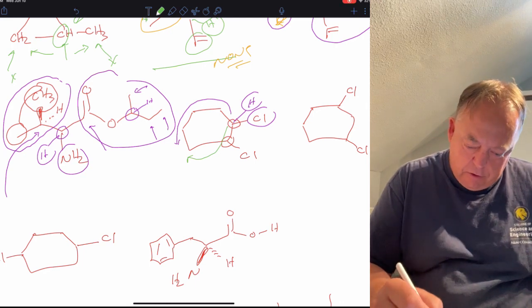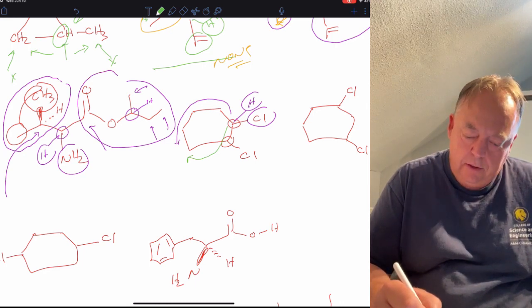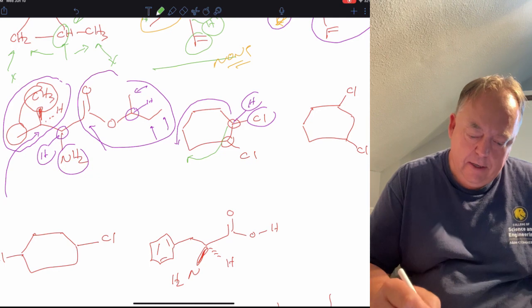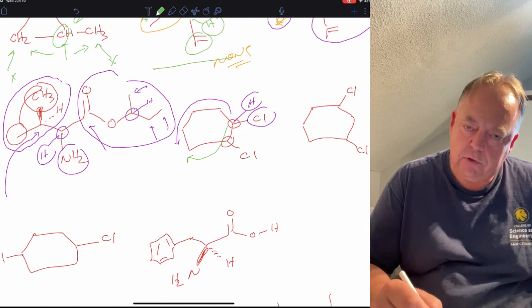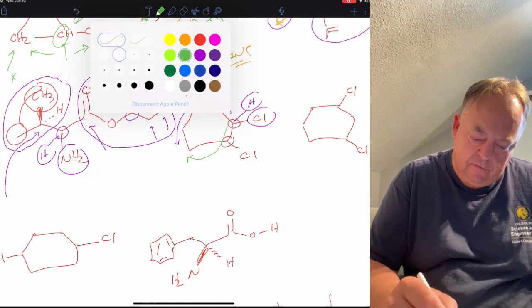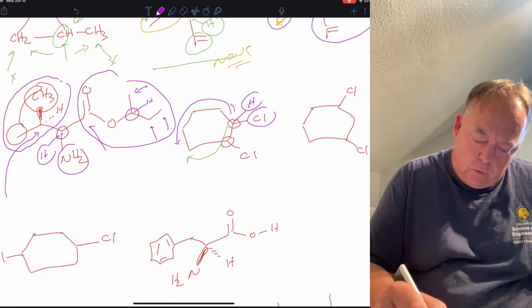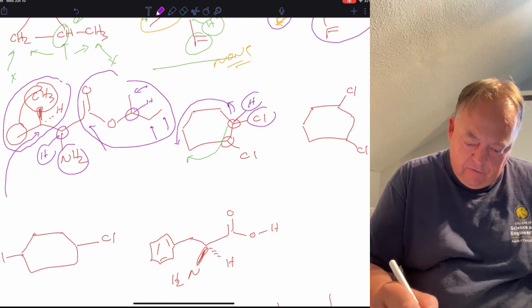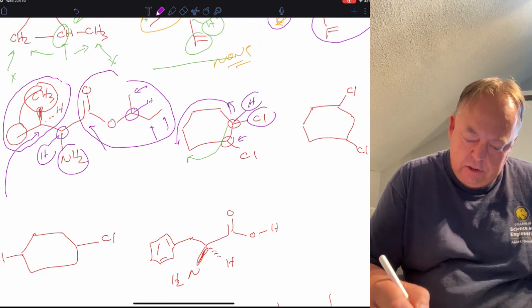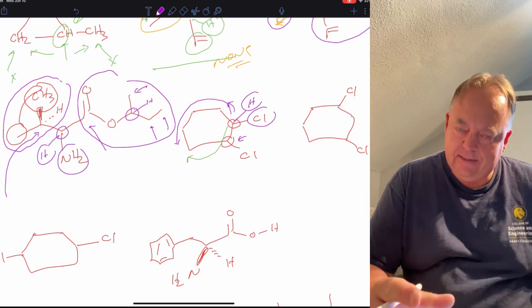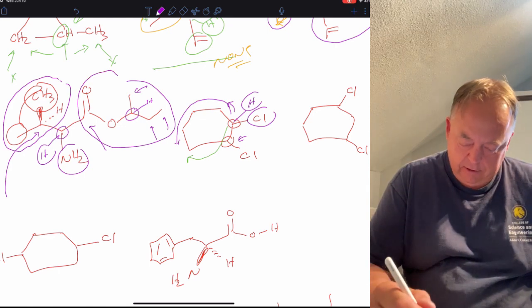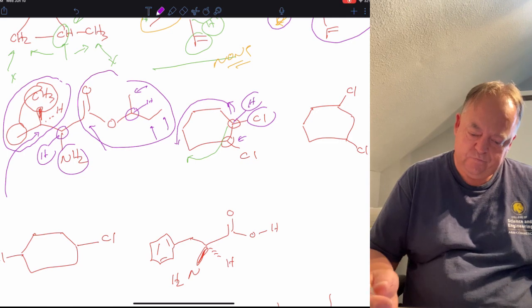Right, because if you go towards the bottom, you go to a carbon with a hydrogen and a chlorine, and if you go towards the top, you go to a CH2. Right, so if you follow the purple pathway, you run into a CH2, and if you follow the green pathway, you run into a CH that's got a chlorine. That's different. So 4 different things, and the same would be true for the bottom carbon.